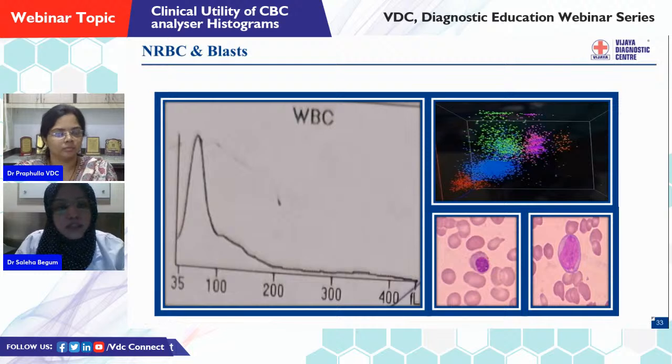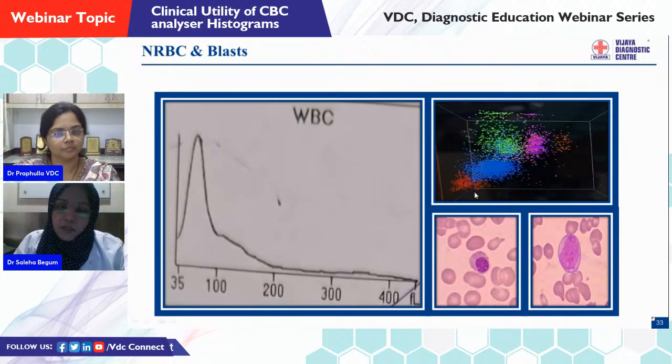So here in this case it is an NRBC which is not letting the graph start at the baseline. Okay, so NRBCs are there, the graph is not starting at the baseline, and the graph is showing a small bulge at the end of the lymphocyte population, that is nothing but corresponding to the blast window.